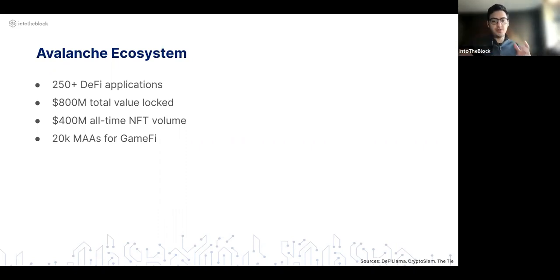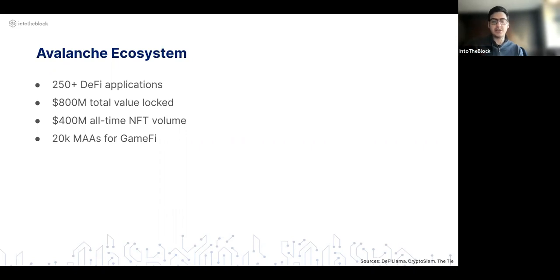So there are multiple industries within that. The ones that have flourished the most include finance. We see decentralized finance has been doing quite well throughout crypto in general, but also specifically within Avalanche.